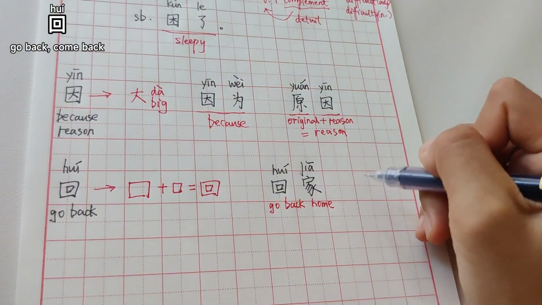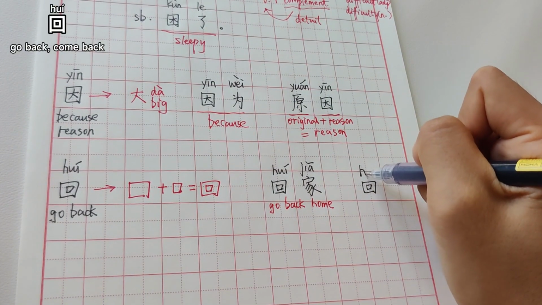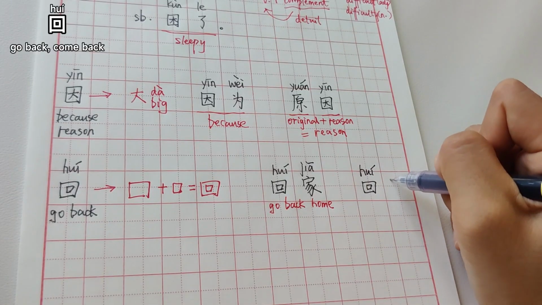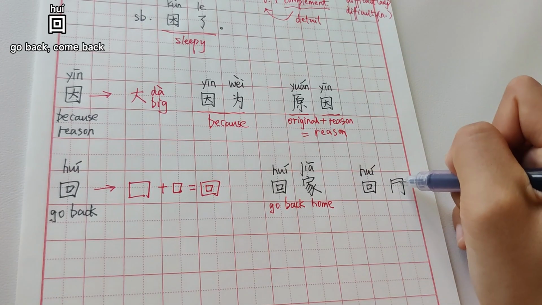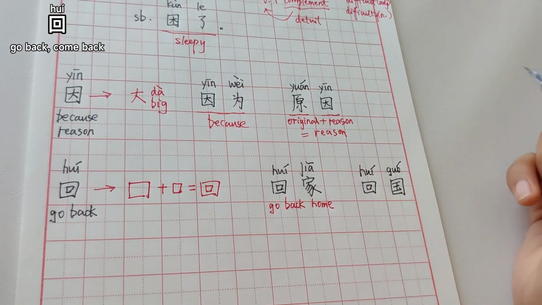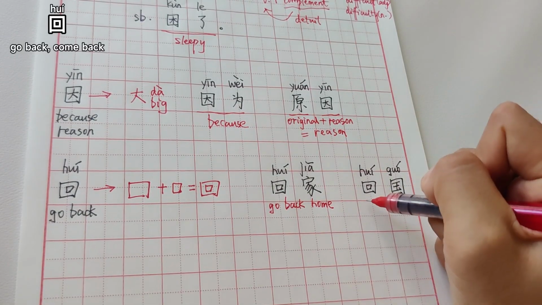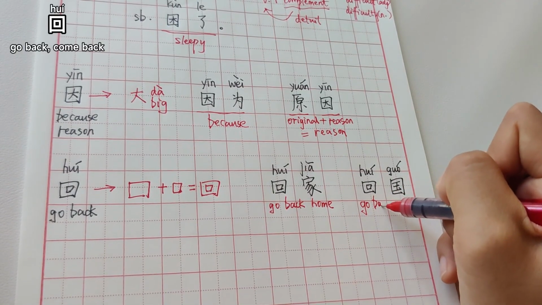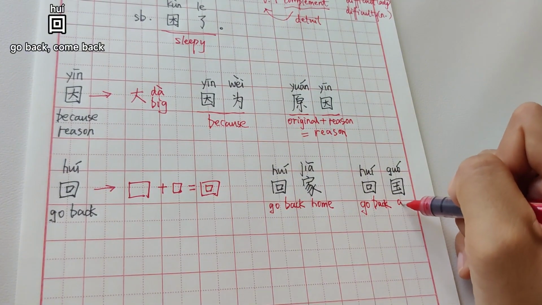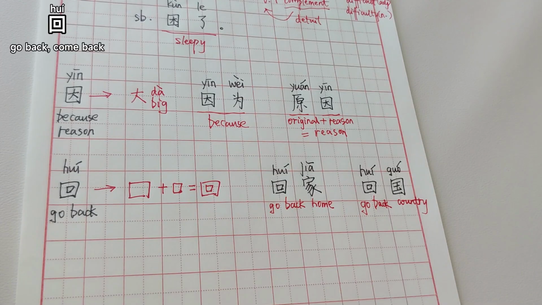And then there is 回国. We just learned about the 国 at the beginning of this video. So 回国, it means go back to the country. Go back to the home country to be more specific.